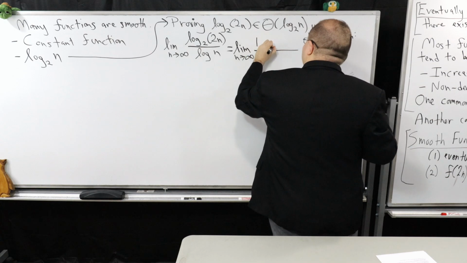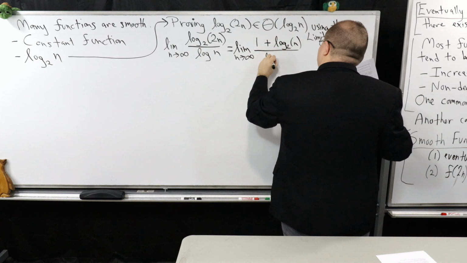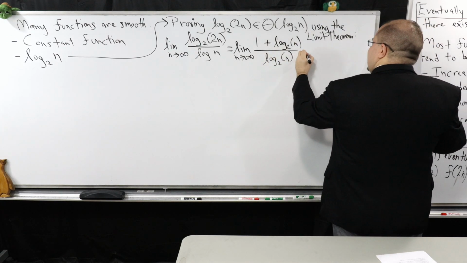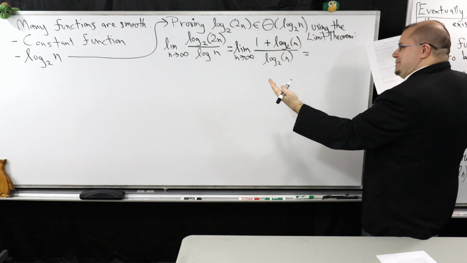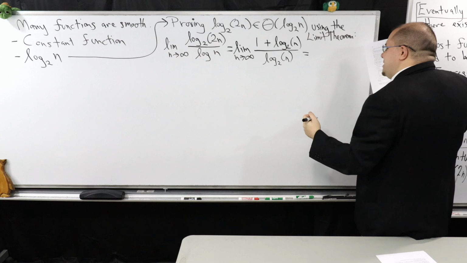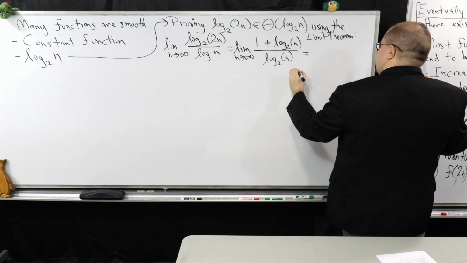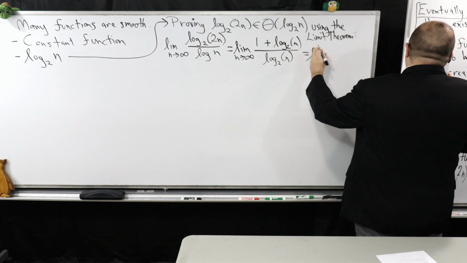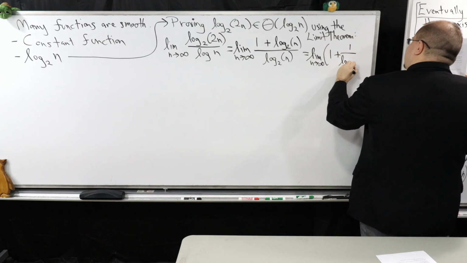So then I have 1 plus log base 2 of n over log base 2 of n. The great part is the log n's, there are 2 of them sitting right there, and I end up with the limit as n approaches infinity of 1 plus 1 over log base 2 of n.